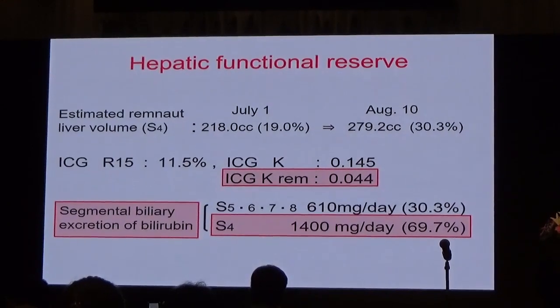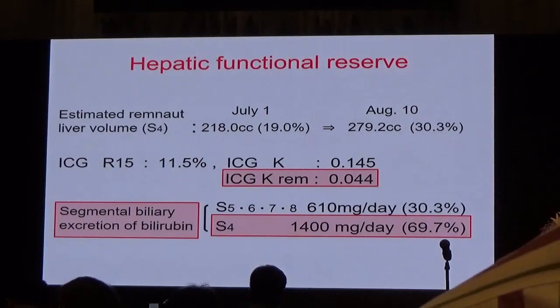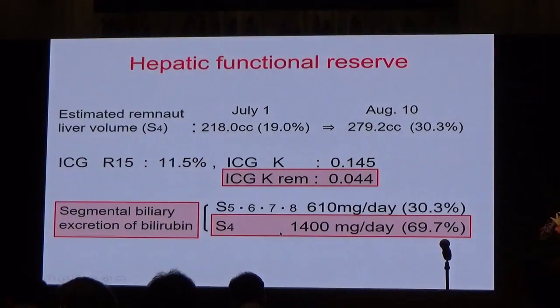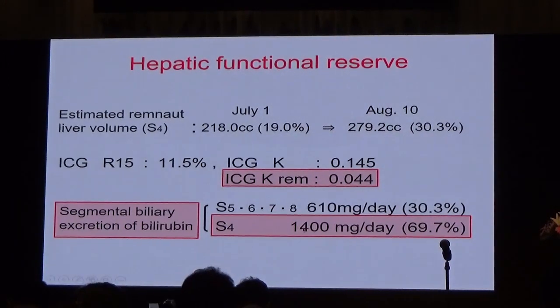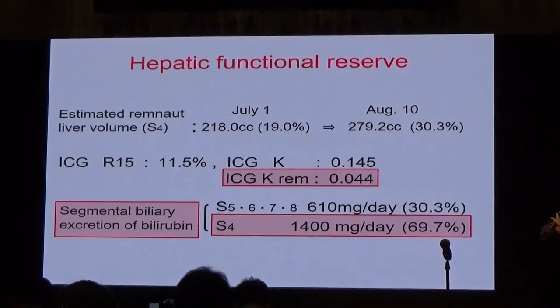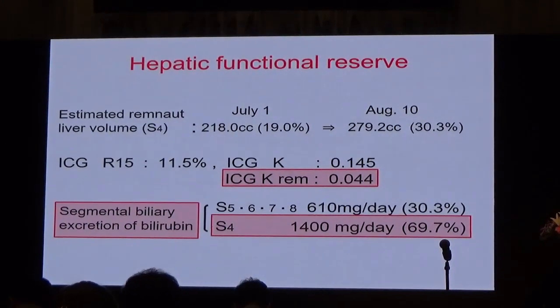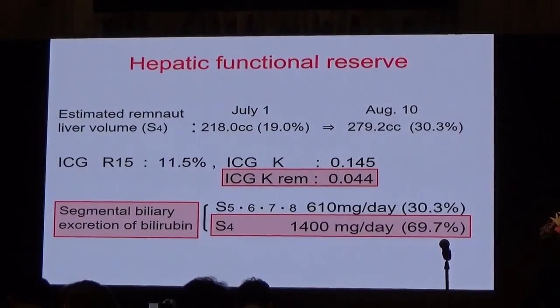And from the biliary excretion rate from each segment duct, we counted the ratio of the biliary excretion from each duct. So for the segment 4 duct, about 70% of biliary excretion was confirmed from segment 4. So maybe this surgery may be safe.